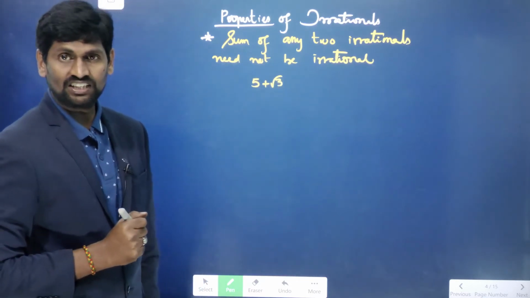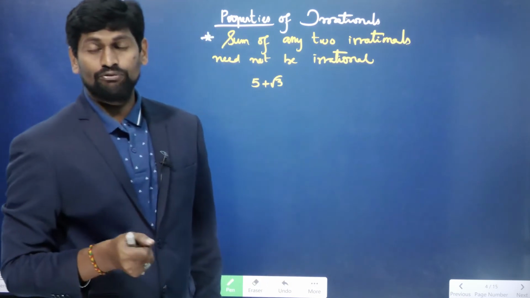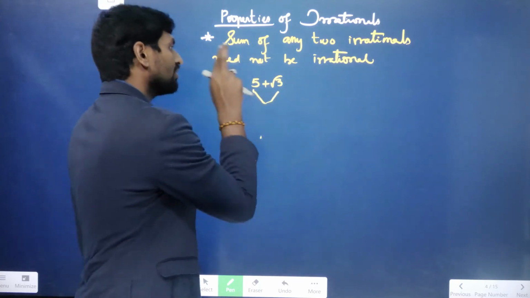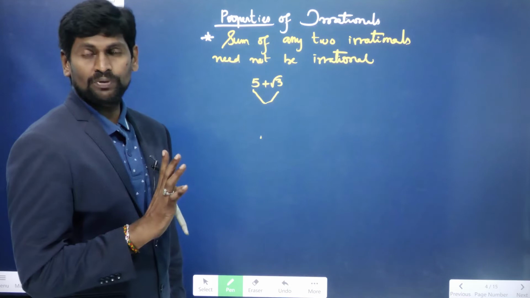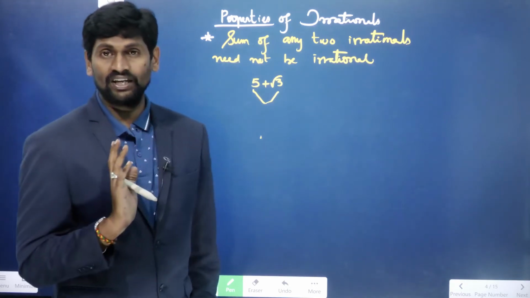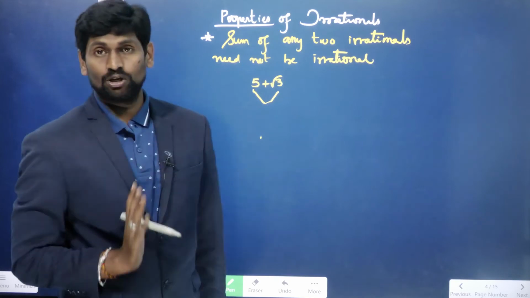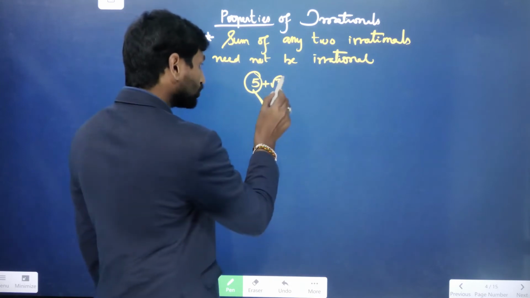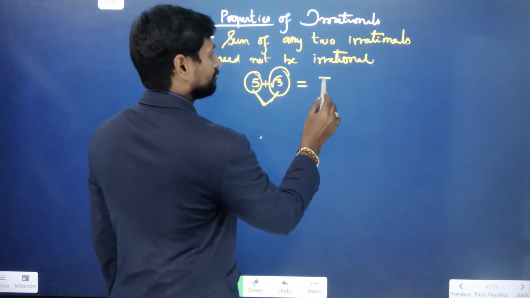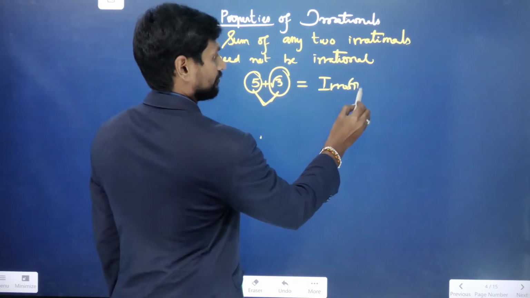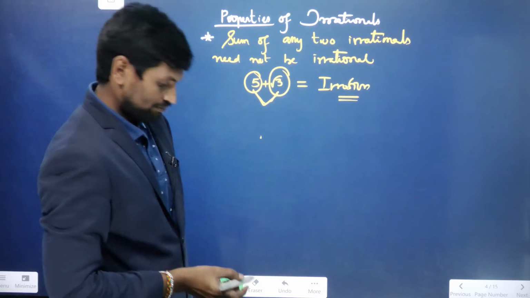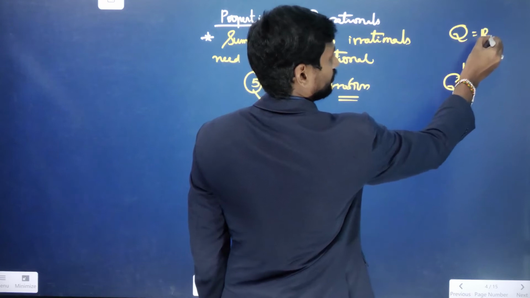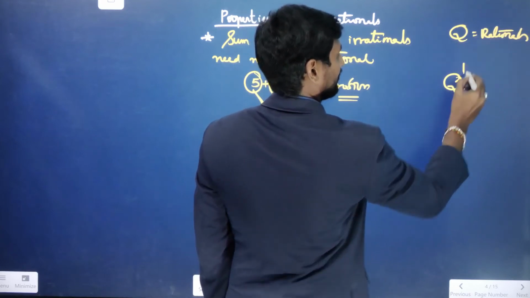Just now I discussed that if you take one rational number and one irrational number and apply any arithmetical operation between them, the result will always be irrational. Here 5 is a rational number, root 3 is an irrational number, and their sum will be irrational. Rational numbers are represented with Q. Irrational numbers are represented with Q dash.